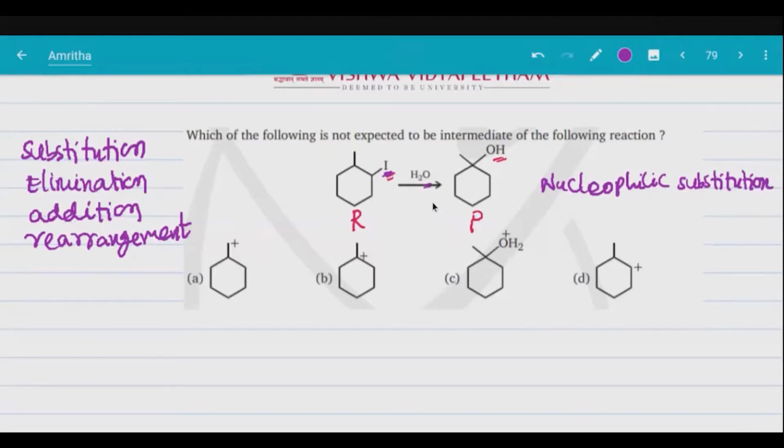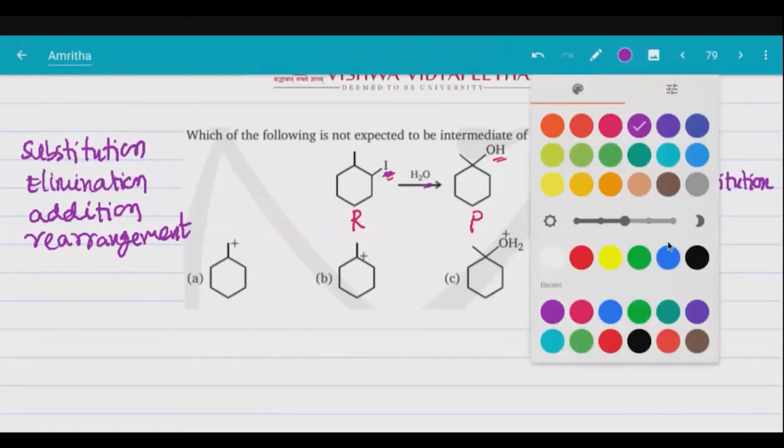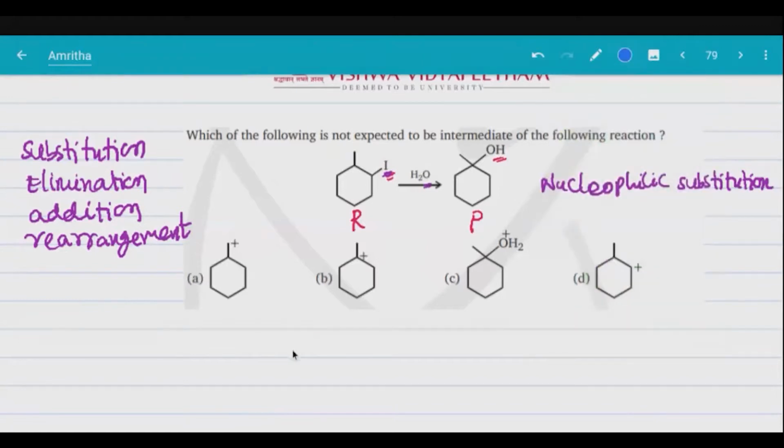Iodine is replaced with water. Now see this carefully. It is water and alcohol, so most of the cases you can directly write substitution nucleophilic. This is called the SN1 reaction.